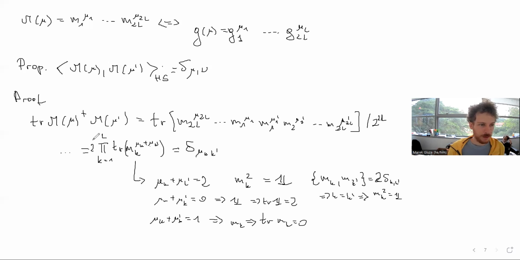Here I need a factor of minus 2 to the power 2l. And that one is the identity on the entire Hilbert space. So we need here 2 to the power l, which means I need to remove here 2 to the power l. And here I have 2 to the minus l. That's just the definition of the Hilbert-Schmidt scalar product.